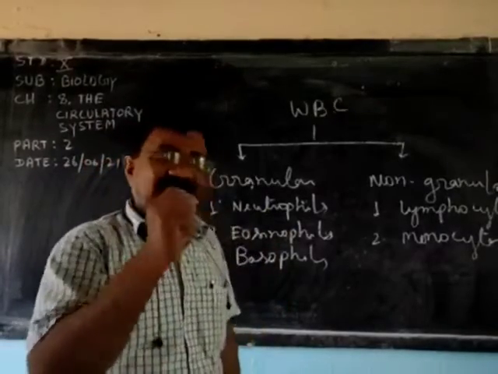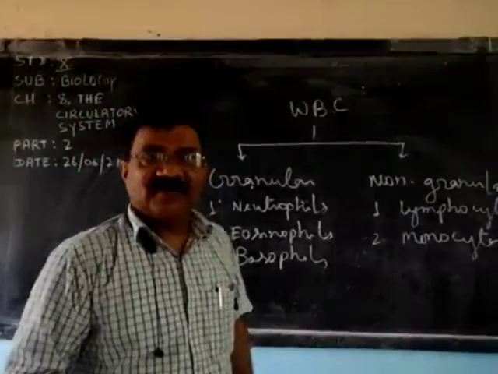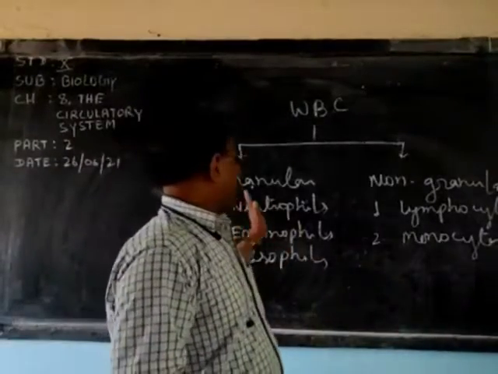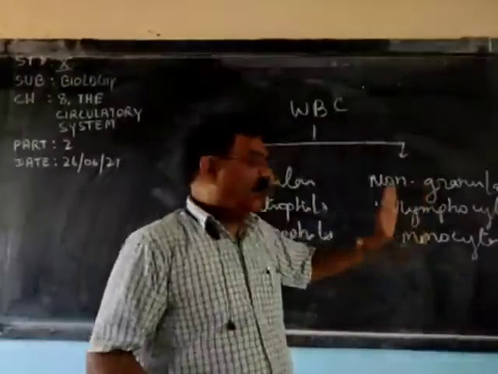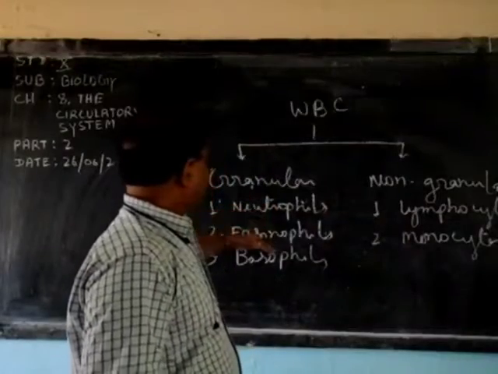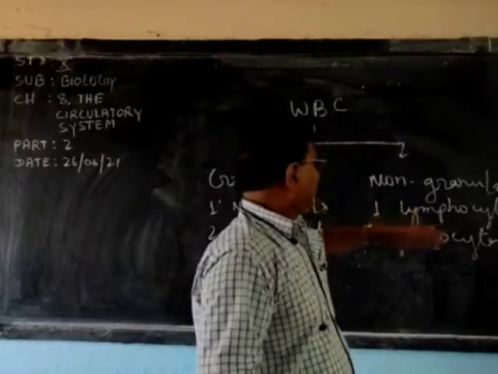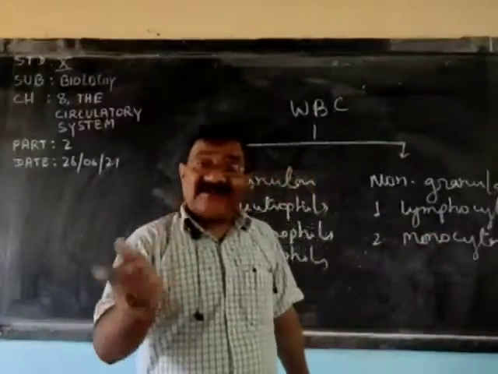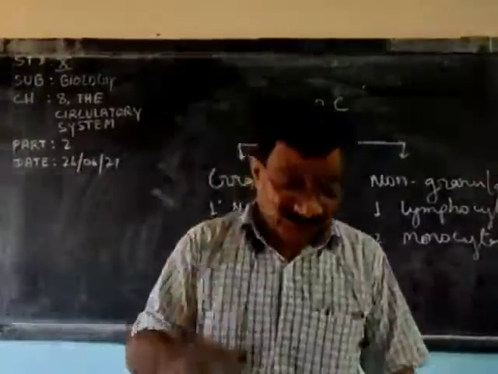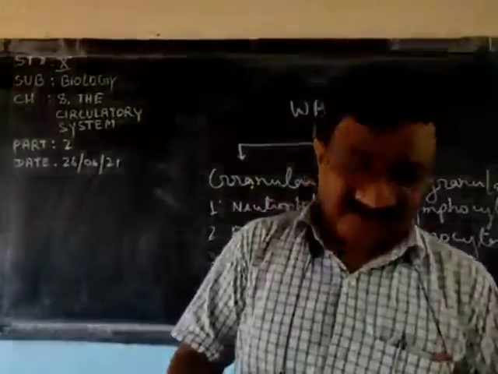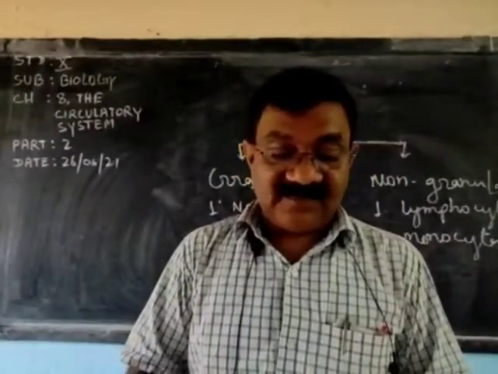It means there are 5 types of WBC. Very clear? 3 are granular and 2 non-granular. Neutrophil, eosinophil and basophil. In non-granular, lymphocyte and monocyte. And difference is asked on the basis of these. So let us discuss about the difference.